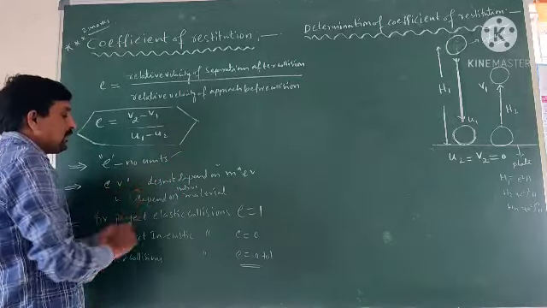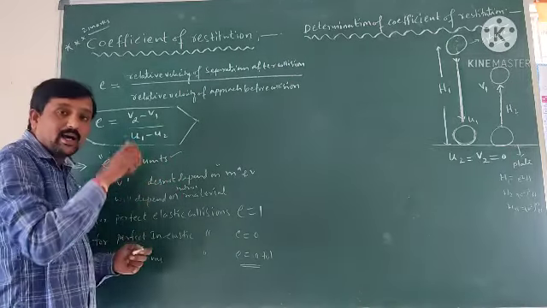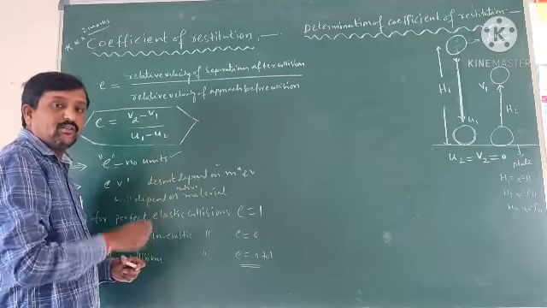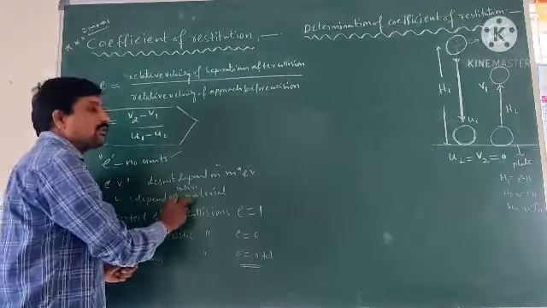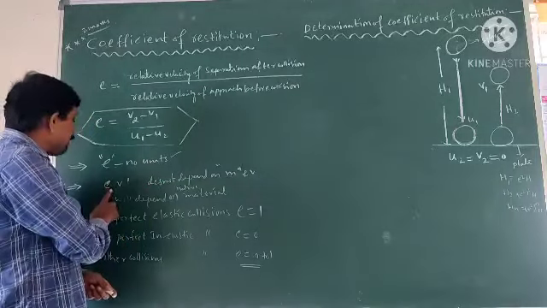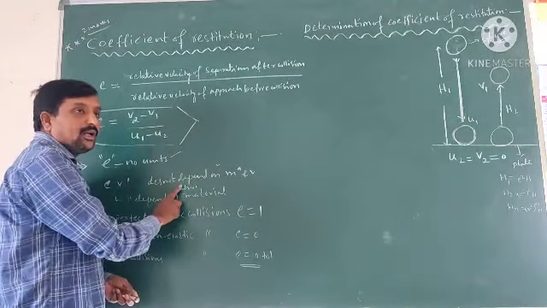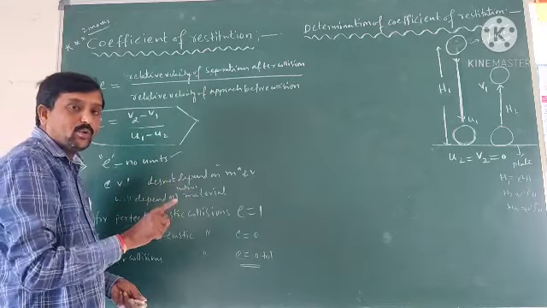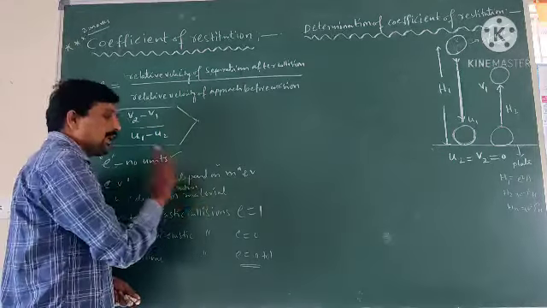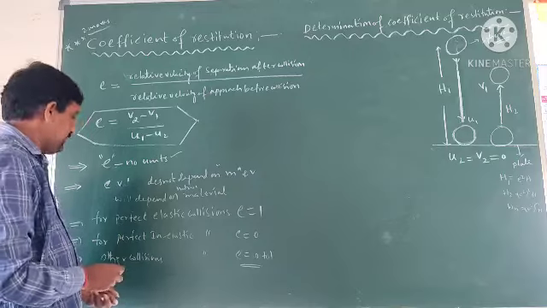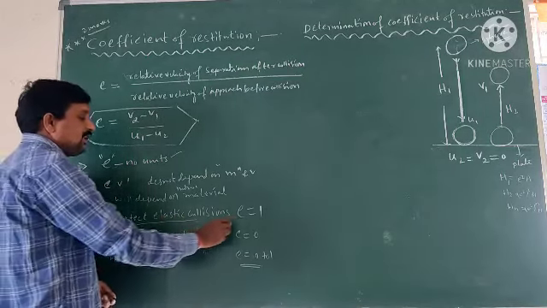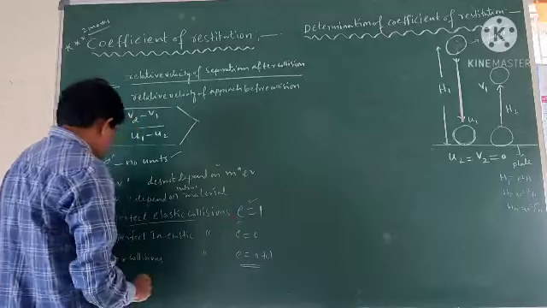The e value does not depend on the mass of the body and the velocity of the body. It depends only on the nature of the material. For perfect elastic collisions, e is equal to 1.